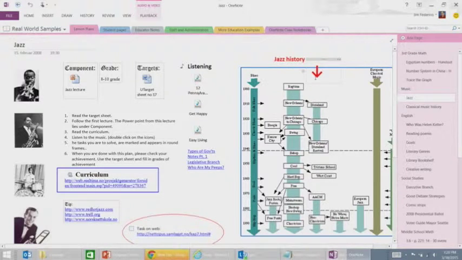I'm pretty sure he didn't take these pictures on the left-hand side. He found them from the web. Typed some notes in the middle and outlined the curriculum. Went and found some audio files, because how best to learn about jazz than to listen to some jazz. So embedded some audio files into the OneNote. Also embedded some PowerPoint presentations and Word documents.